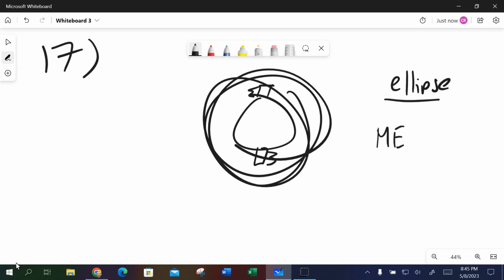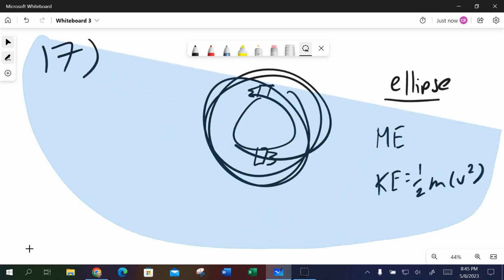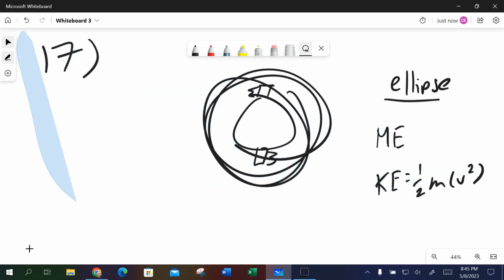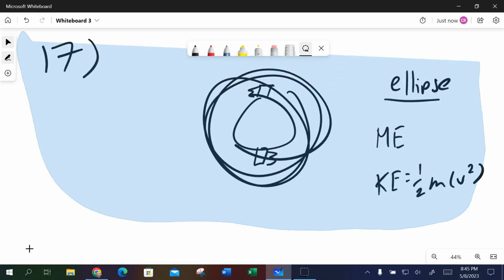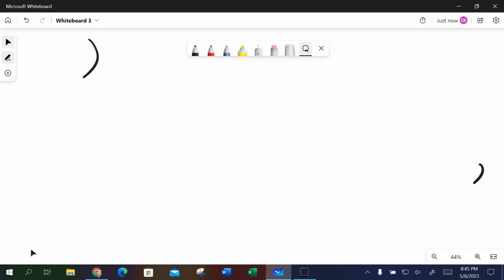And since the force is higher, it just makes it go faster, which means our velocity gets higher. So KE is 1/2 mv squared. We just know that this is going to get higher. Therefore, our mechanical energy changes, but our orbit does not. And our answer is going to be C.